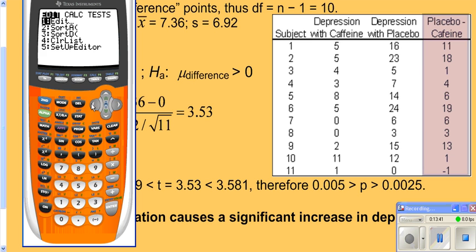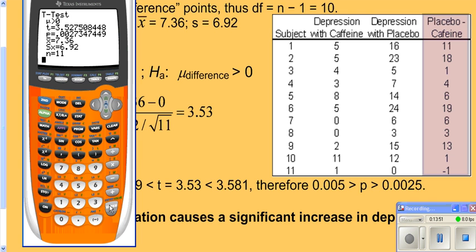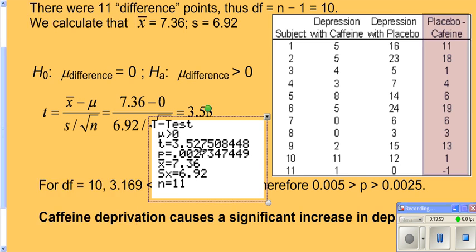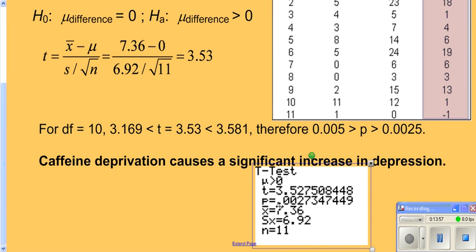So let's go back to our t-test, enter our data, and calculate this. And we get a p-value that is pretty small. It's 0.002. Doing it by hand, we knew it was also fairly small.